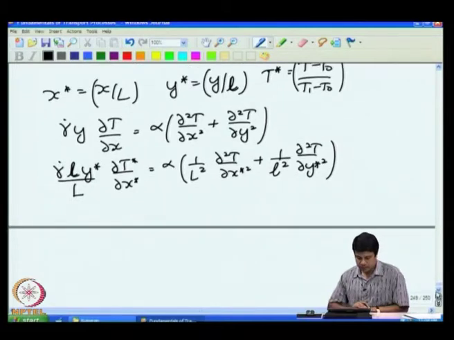So, this now is my convection diffusion equation with y scaled by as yet unknown length scale small l.